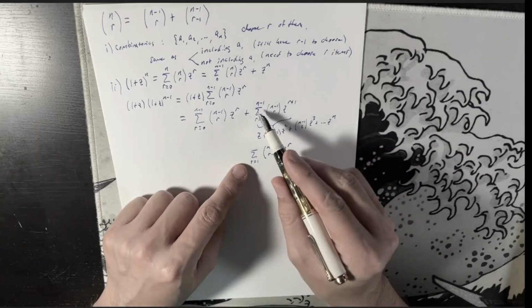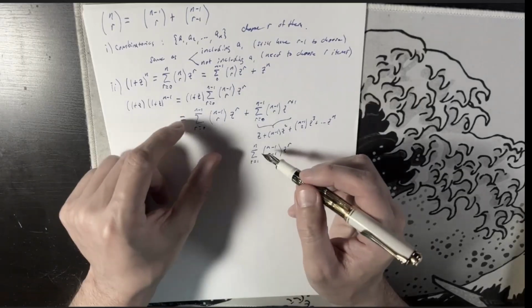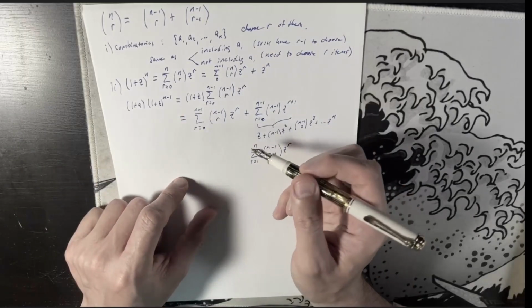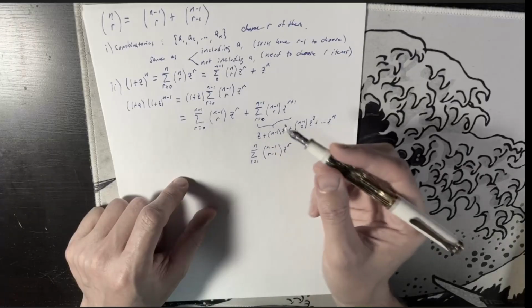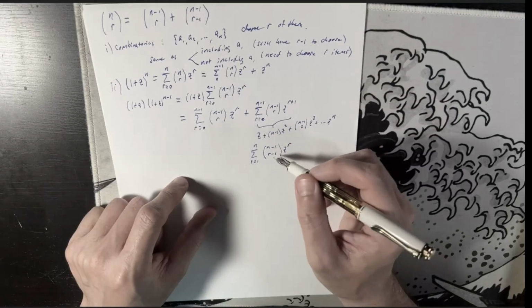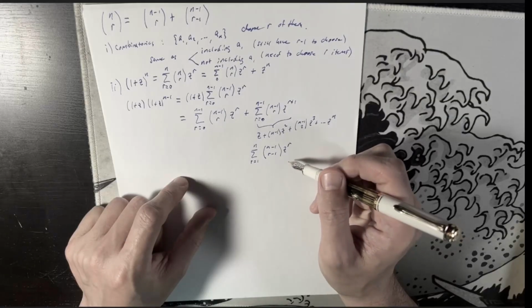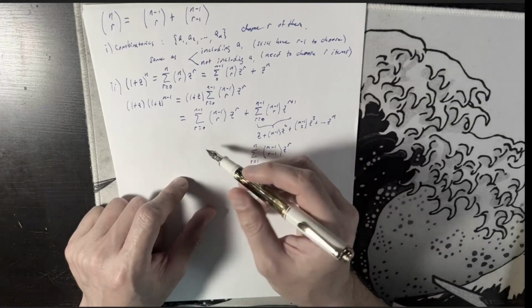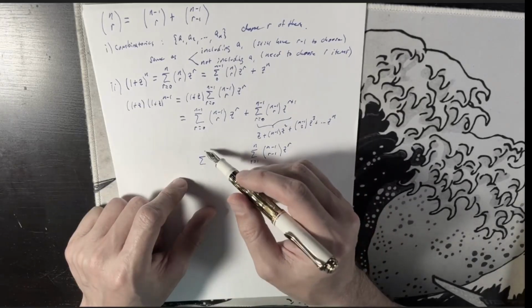But it ends at n. So we should do something about that because they don't quite match up. I suppose you could put a 0 here with the understanding that it doesn't make sense to do n minus 1 choose negative 1. This one's still the same. It ends at n minus 1.